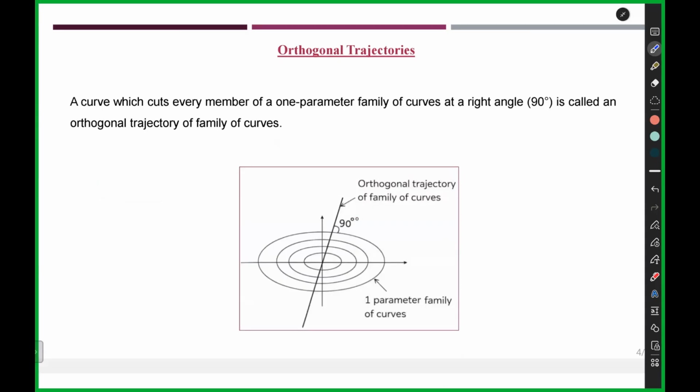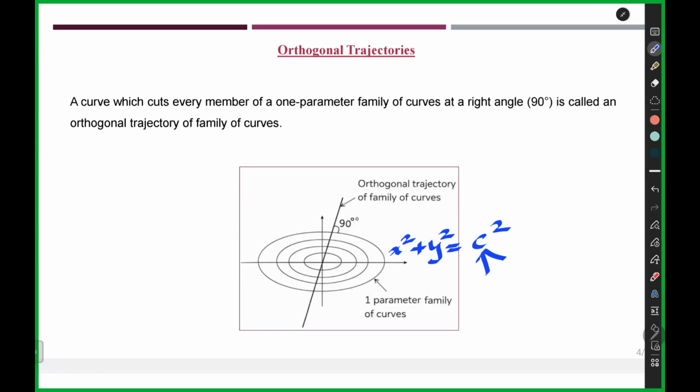An orthogonal trajectory is a curve which cuts every member of a one-parameter family of curves at a right angle. It is called the orthogonal trajectory of the family of curves. Now we can see this as a one-parameter family of curves. You can say circle as x square plus y square is equal to some c square. Here the one parameter is c.